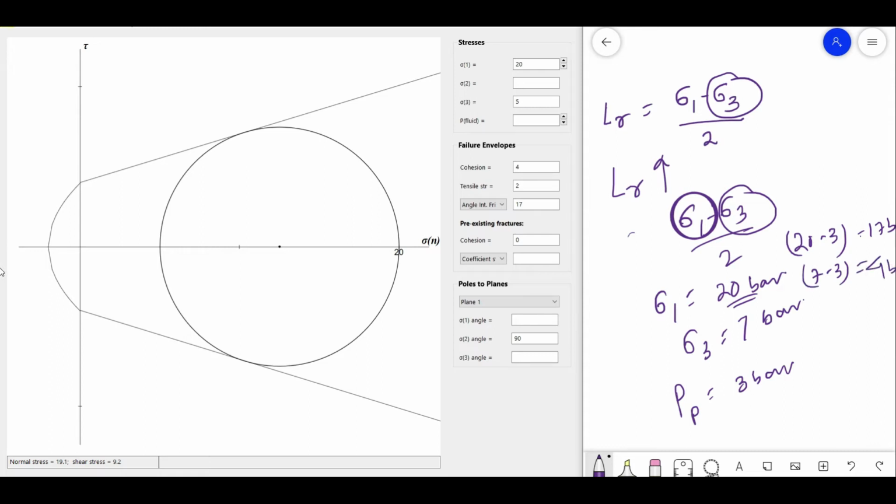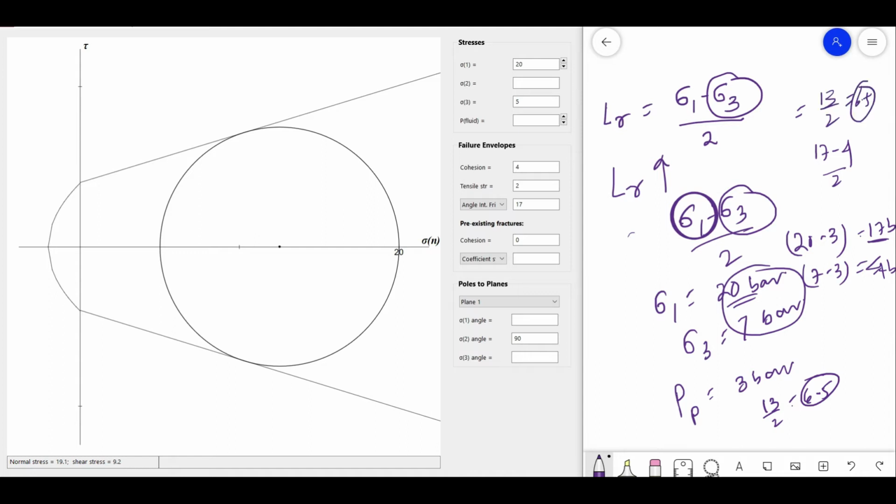But the interesting thing is, in the first case, 20 minus 7 is 13, divided by 2 is 6.5, the length of the radius. And in the second case, 17 minus 4 divided by 2 is again 13 by 2, 6.5.